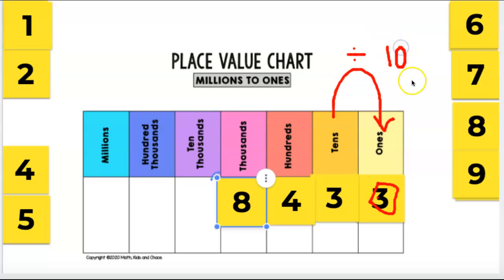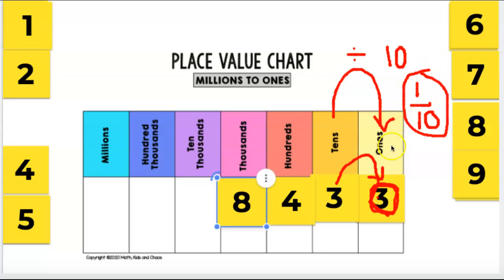And dividing by 10 is the same as finding 1/10 of a number. So if I move backwards from here to here, and I compare these two 3s, this 3 that I circled is 1/10 the size of the 3 in the 10s place. Because in order to get from the 10s place back to the 1s place, I have to divide by 10.